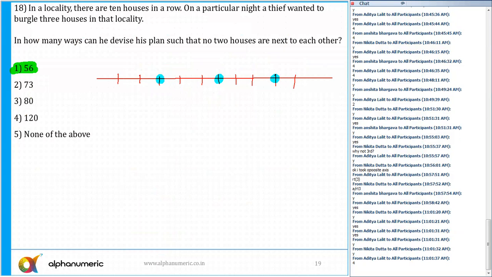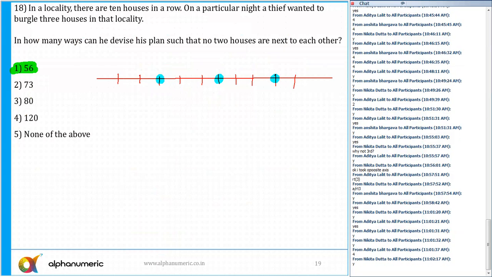So in the first gap, let's say there are A houses. In the second gap, B houses. Third gap, C houses. Fourth gap, D houses. So A plus B plus C plus D, the total number of houses in these gaps, is 7. And no 2 houses are consecutive, so between this house and this house the minimum value of B should be 1, and between these 2 houses there has to be a gap of 1.